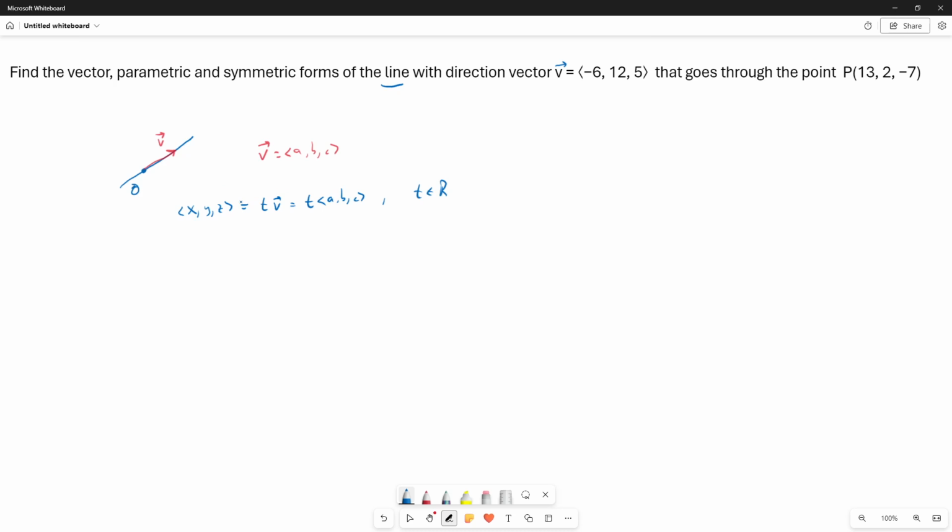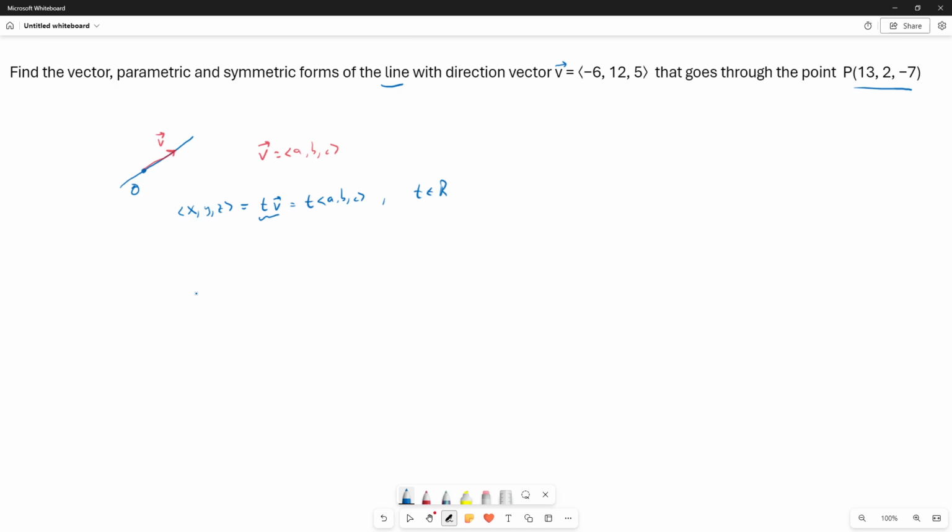Now, if our line does not go through the origin, then we take this tv and we have to add a point to it in vector form to translate the line so it goes through this point.